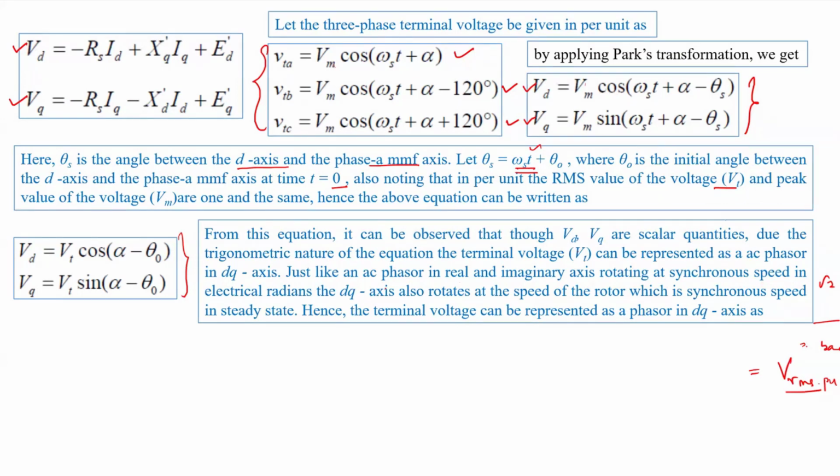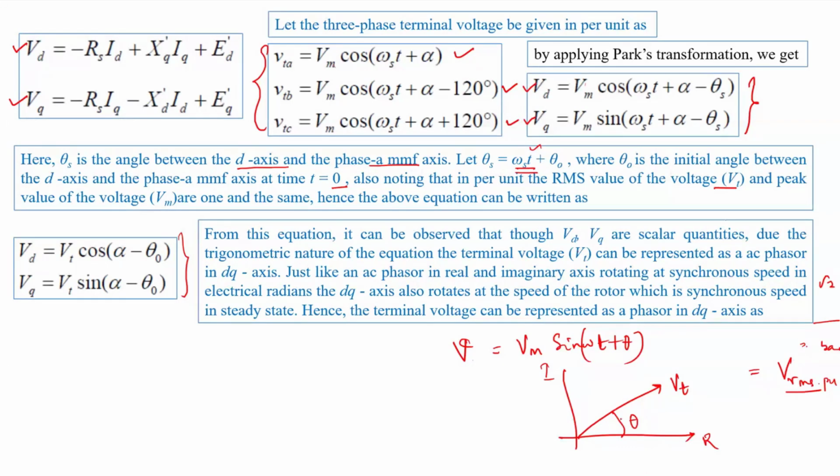Just like an AC phasor, what happens when you represent an AC quantity in phasor form? Suppose I have a signal V equal to Vm sin(omega t plus theta). In phasor form, this is my real axis, this is my imaginary axis, and I put here the phasor Vt, which in per unit is equal to Vm, making an angle theta with the real axis.